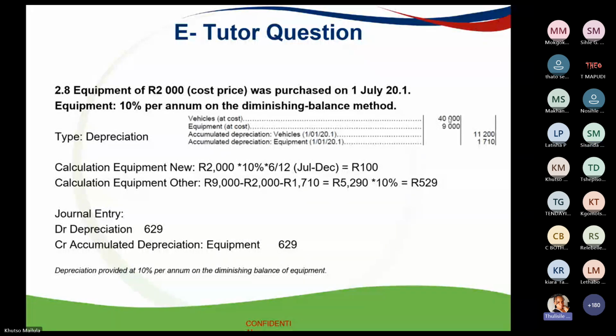My question is based on the 2004 equipment, the cost price on the adjustment. I can see that it was minus, and I don't understand why it was minus, because it's also the cost price.